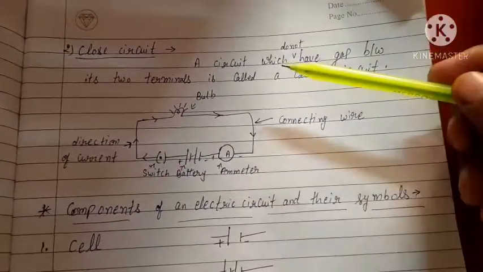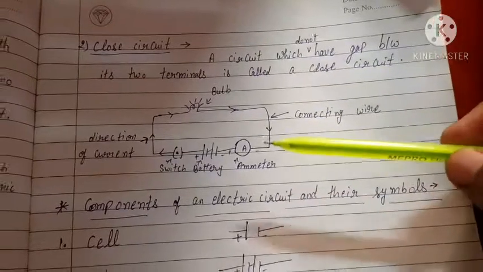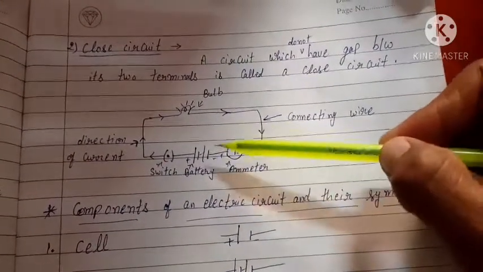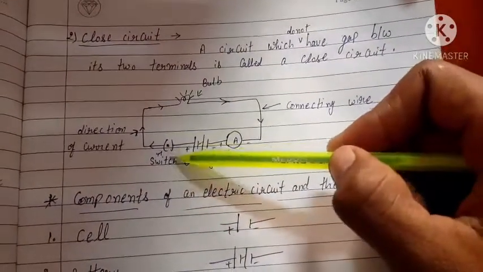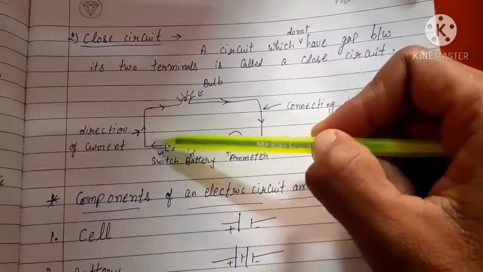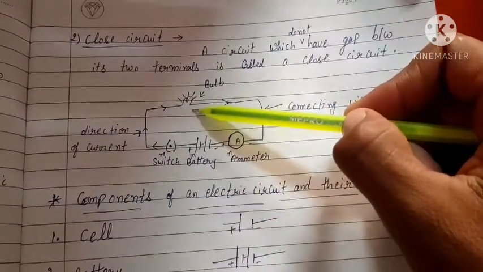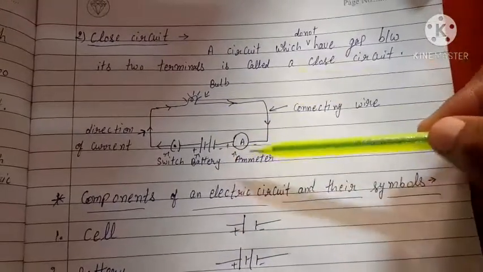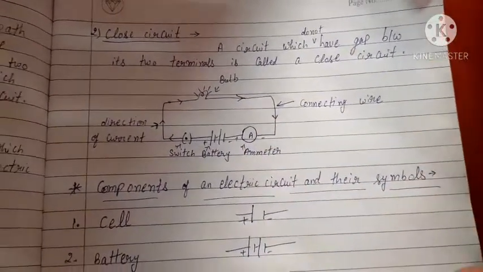So in a closed circuit there is no gap between the terminals. Now you can see this is an ammeter used to measure the current. This is a battery. Switch. Now the switch is in on position and this is the direction of current. Now the bulb is glowing. Okay, so this is the closed circuit.